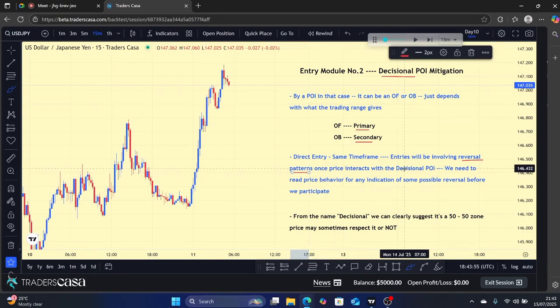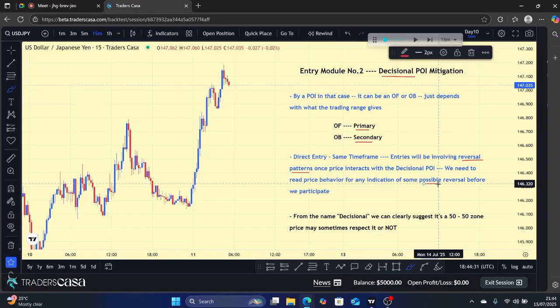So once price interacts with the decisional POI, that's when we check for these reversal patterns. We need to read price behavior for any indication of some possible reversal. This word here is very important: possible reversal. It's not always that price mitigates a decisional order block or a decisional order flow and just gives the reaction.